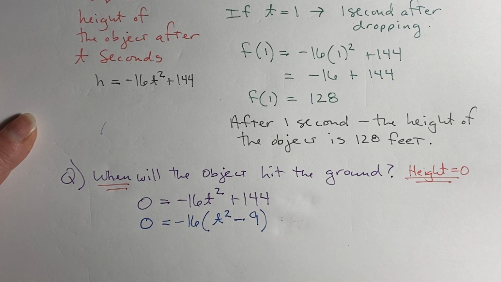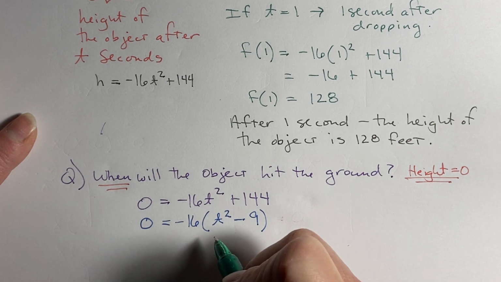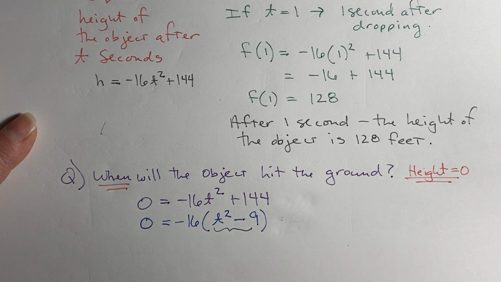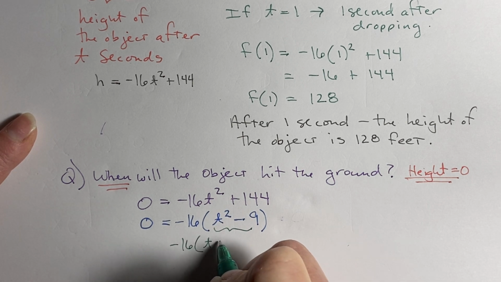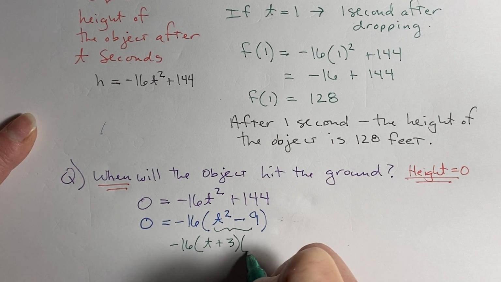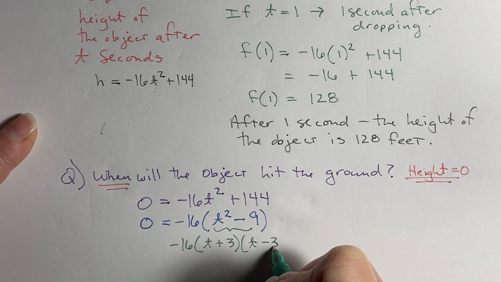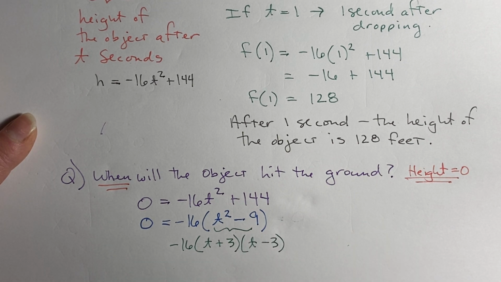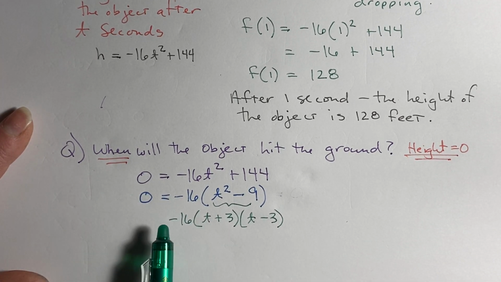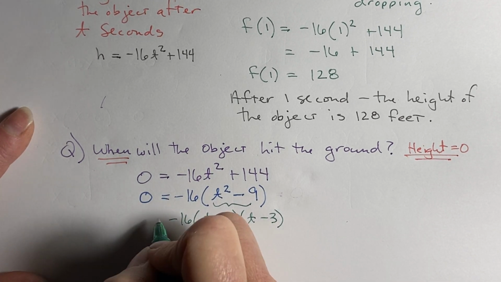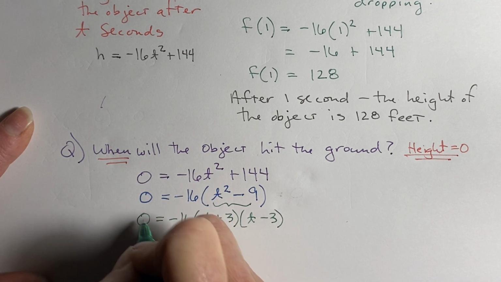So now I'm going to continue factoring. That's the difference of 2 squares. So I have negative 16 times t plus 3 times t minus 3. So I have 3 factors where the product is 0.